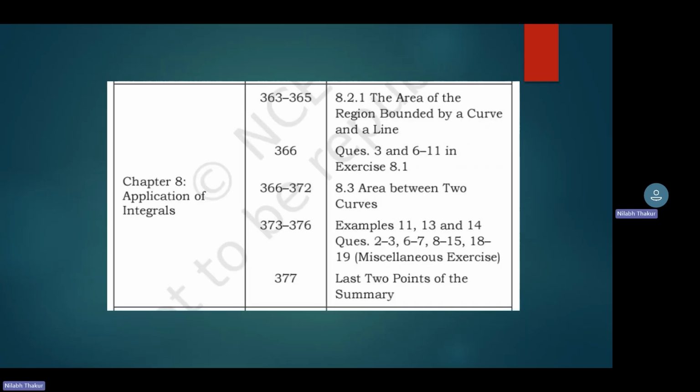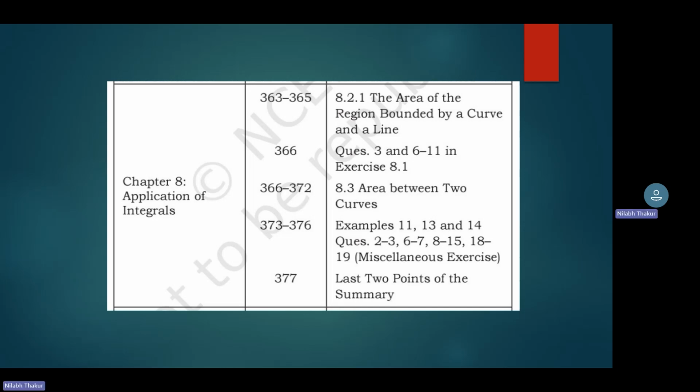Chapter number 8, application of integral. The area of the region bounded by the curve and the line, 8.2. You must go through most of the questions of 8.2 that contain the line and the parabola. Simple equations of the ellipse and parabola have been discussed in the example part also.